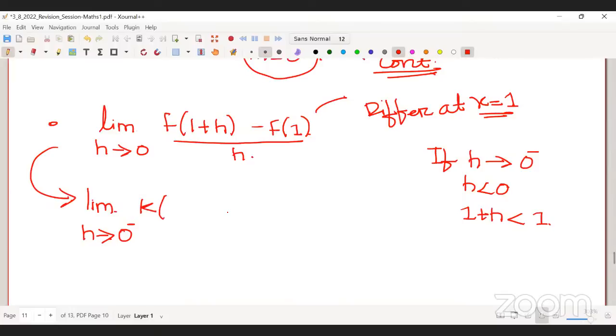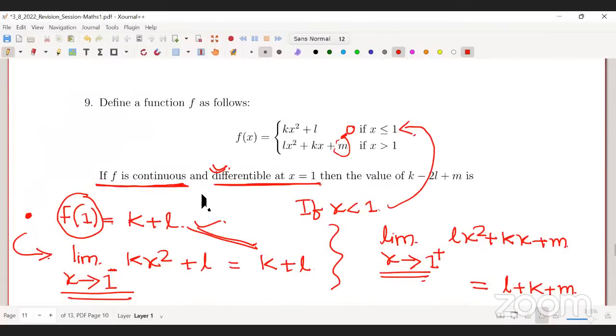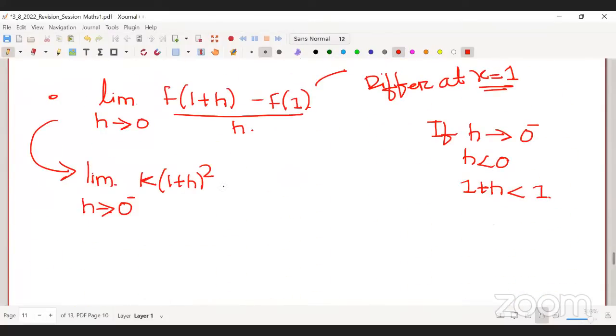K x square plus L, sir. Correct. Then minus K minus L, because the value of f of 1 is basically K plus L, right?